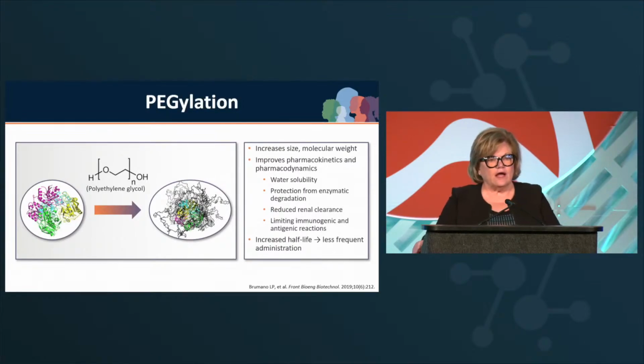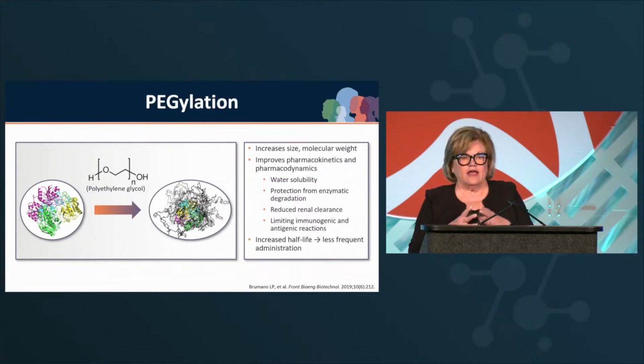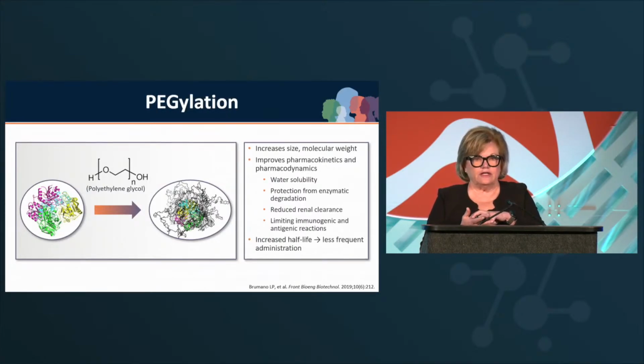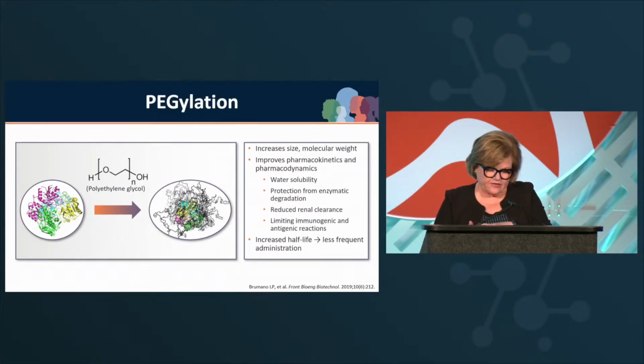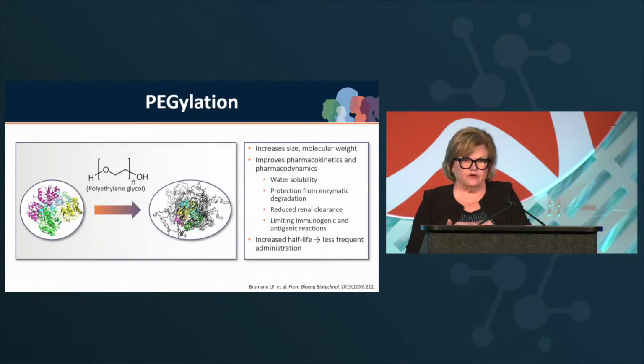reaction. And this is why a lot of our vaccines now have the pegylation also coupled on it as a vehicle, particularly if you remember the COVID vaccine also is a pegylated vaccine. And it will also increase the half-life.